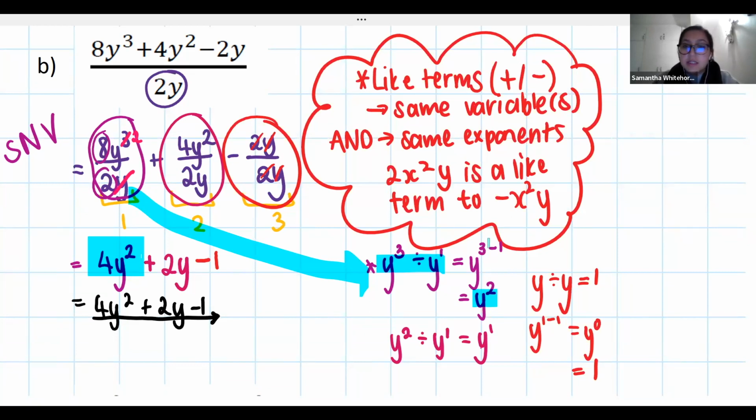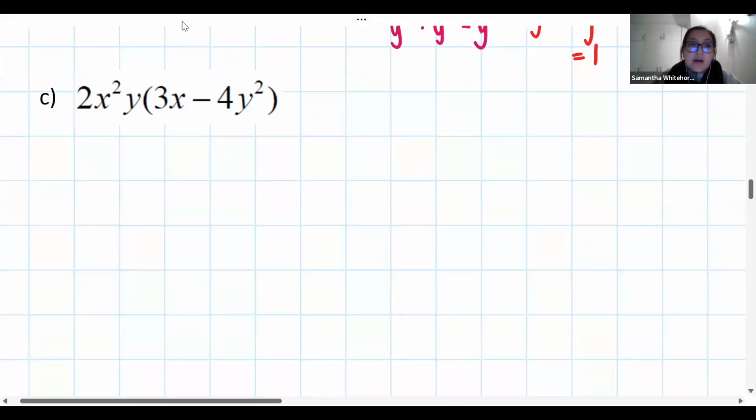So screenshots. And I want you to now have a look at question C. I'm not giving you any hints here. I want you to try question C by yourself. No hints. Give it a try. I keep wanting to say my only hint, but I'm not giving you any hints. No hints.